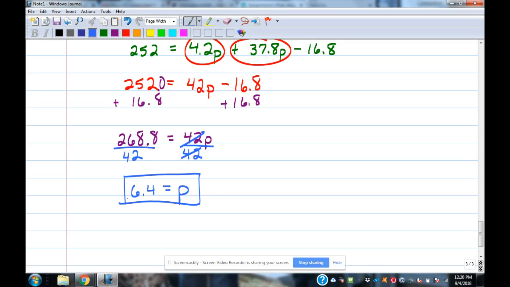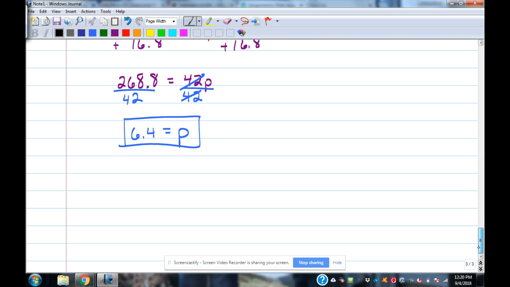We're taking those like terms, putting them together, that sort of thing. What are we on, H? Let's try this one. See if you can do this one on your paper.